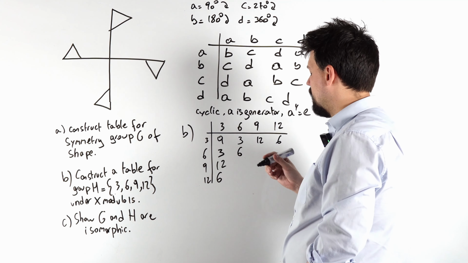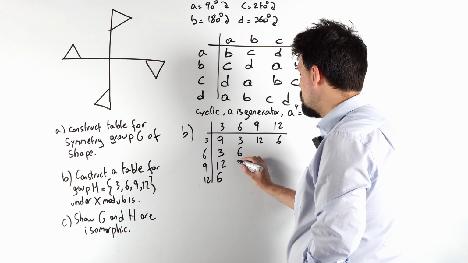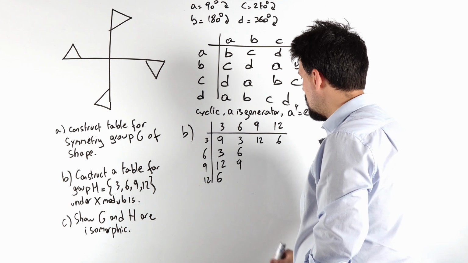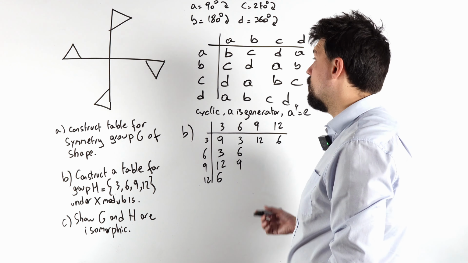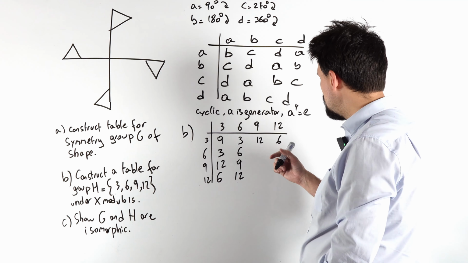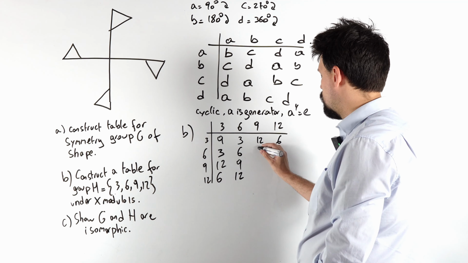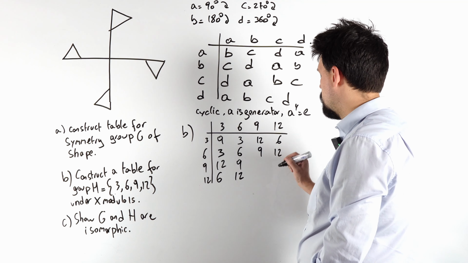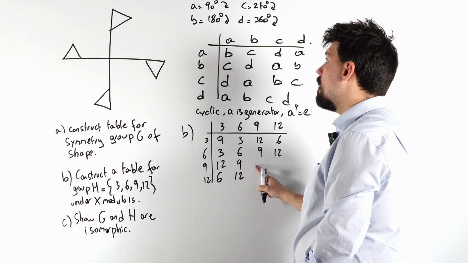So it does look like 6 is a good candidate for my identity. 6 times 9 is 54, which is 9 more than a multiple of 15. And 6 times 12 is 72, which is 12 more than 60, so that's 12 there. 9 times 9 is 81.